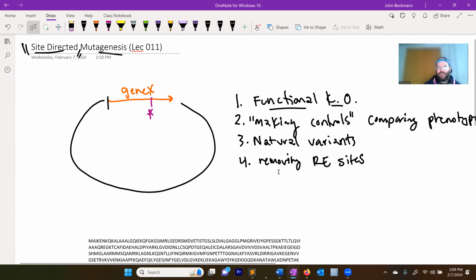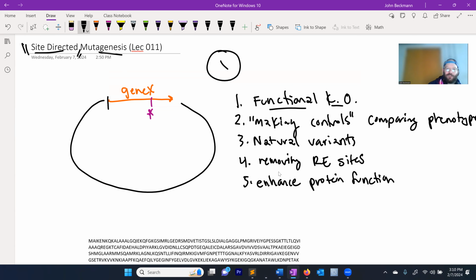The only other final thing that I would suggest is sort of like the opposite of number 1: you can use mutations to enhance protein function. So in 1, maybe you're taking a protein and you're inactivating it. The flip side to that is maybe you have some protein X, which has maybe mediocre enzymatic activity.